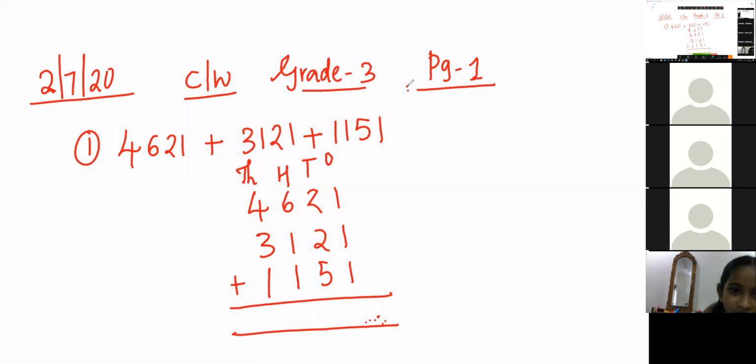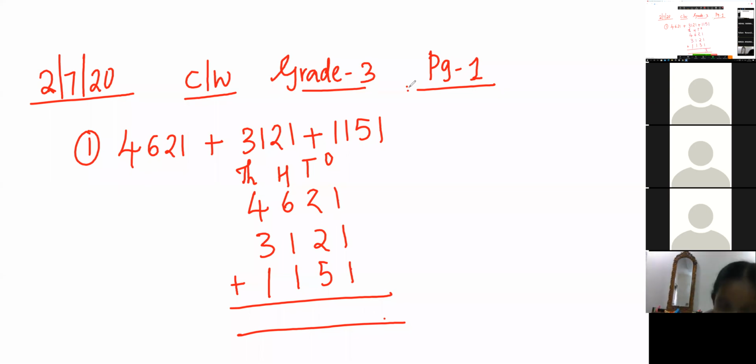While adding or subtracting or multiplying numbers, we always start from the ones place onwards. Now let us add the numbers under the ones place. What are the numbers we can see under the ones place? 1 plus 1 plus 1 is how much?